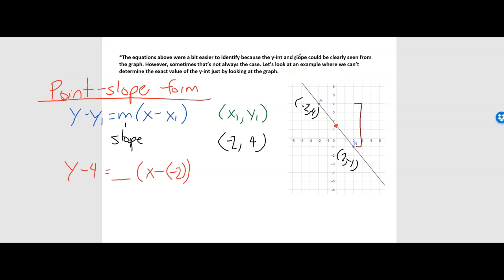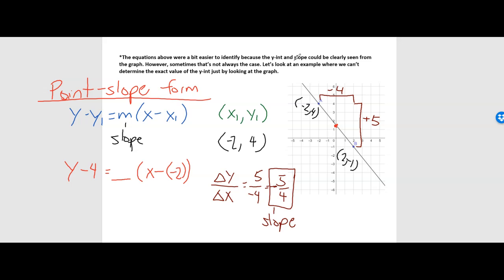Change in y is going to be +5. Change in x is -4. So my change in y over change in x is equal to +5 over -4, which is just -5/4. This is our slope.